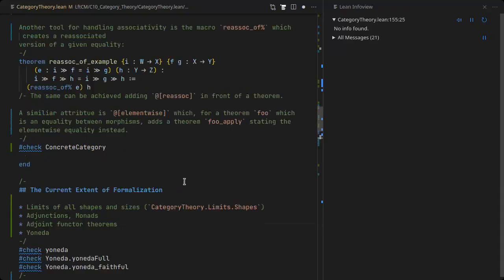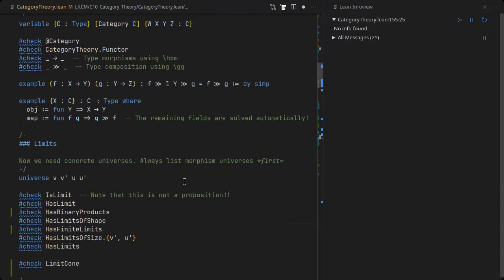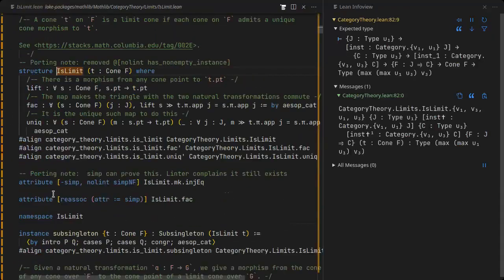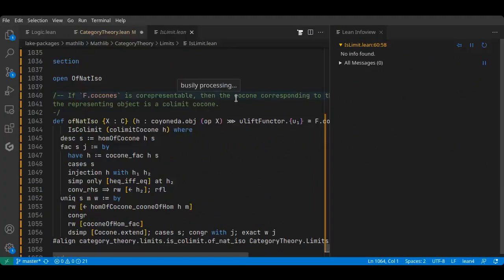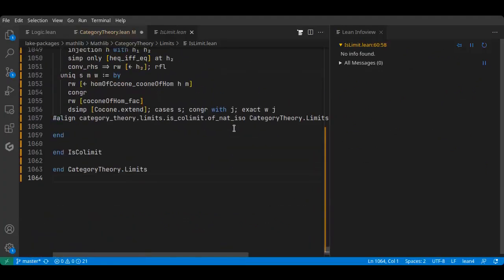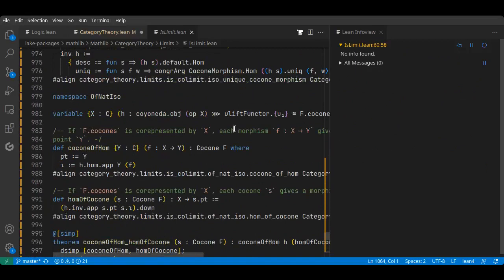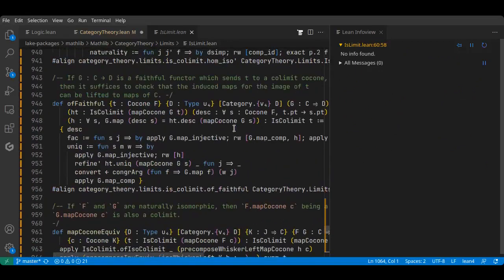If you look at IsLimit, you see that this file is 1,000 lines, and every little definition is repeated twice, once in its dual version.